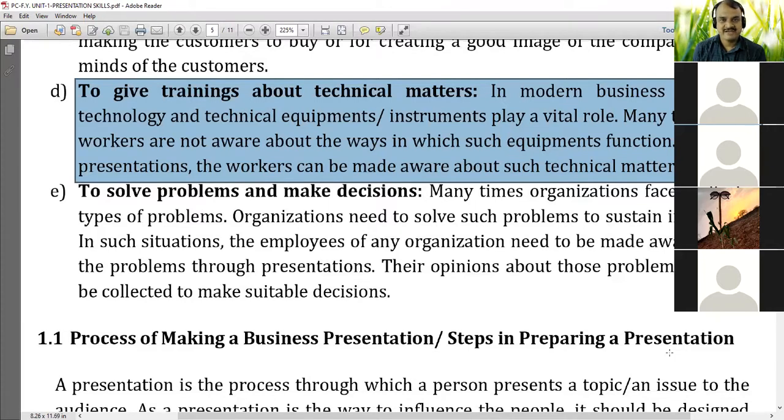You might be aware that in offices, government offices, there are many people, elder people we can say, who don't know how to use computer.